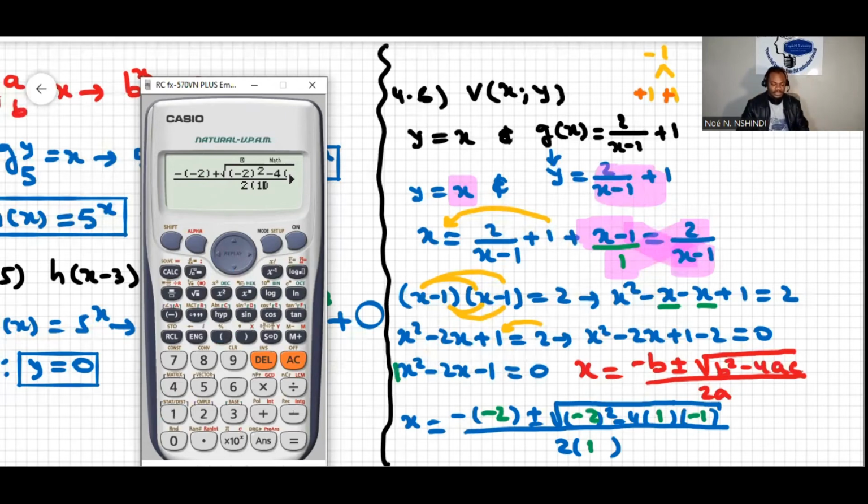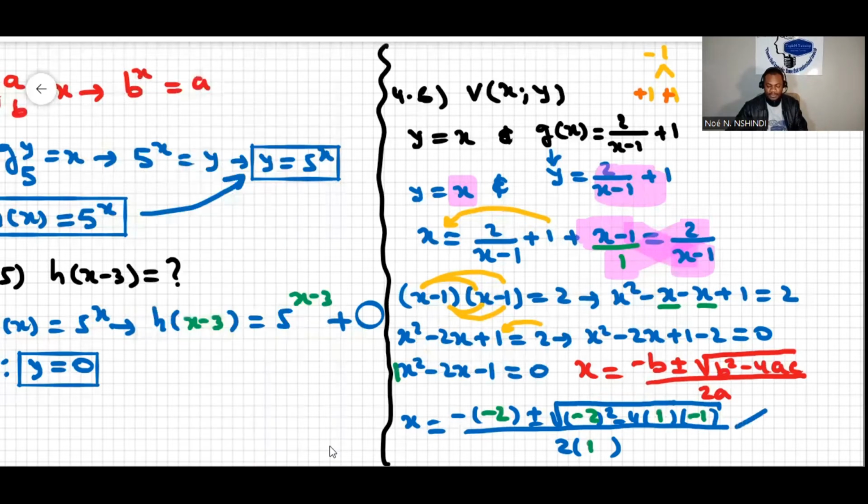Now when we hit the equal sign, we have 1 plus square root of 2. So x will be equal to 1 plus square root of 2.